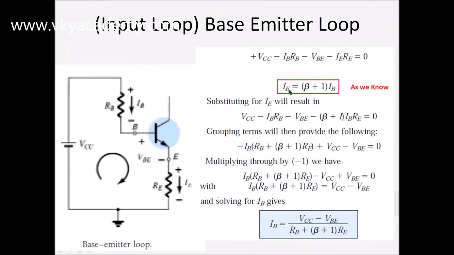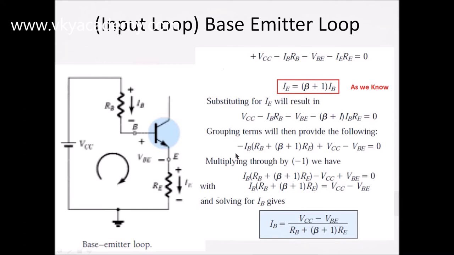Now, as we know, the IE current is equal to beta plus 1 times IB. Substituting this in the equation, we get VCC minus IB RB minus VBE minus (beta plus 1) IB RE equal to 0. So in place of IE, I have put (beta plus 1) IB. Now grouping terms gives minus IB times the bracket RB plus (beta plus 1) RE, plus VCC minus VBE.